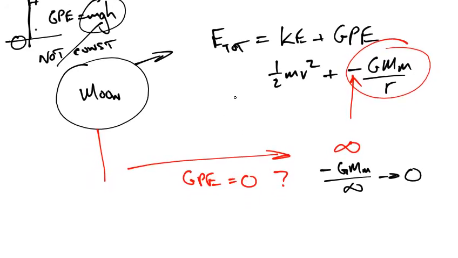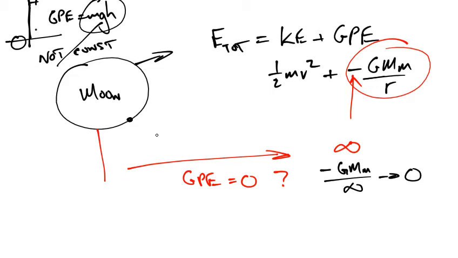So the question now becomes, what does it mean to have a big negative value, let's say at the surface of the moon or at the surface of the Earth? Well, what I like to relate this to is the concept of being indebted. So, let's say, for example, you're indebted to the bank. That means you owe the bank money.